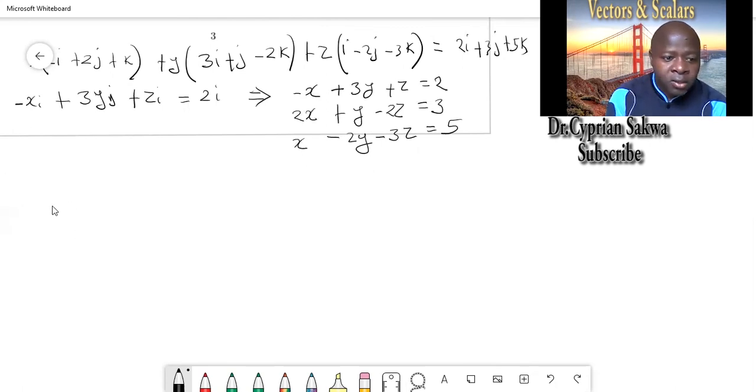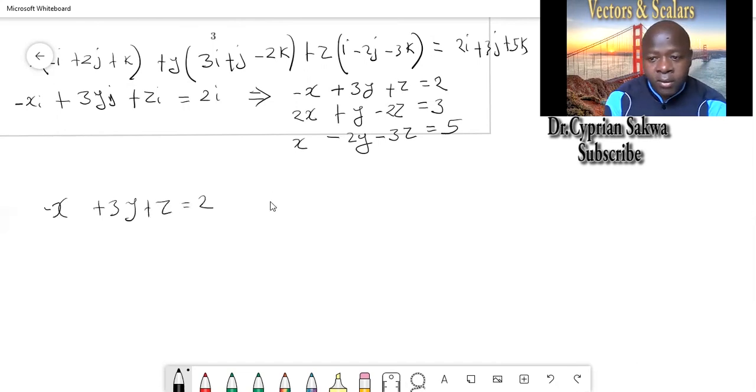The first row remains where it is. To create a 0 in this position, I need to multiply row 1 by 2 and then add it to row 2.